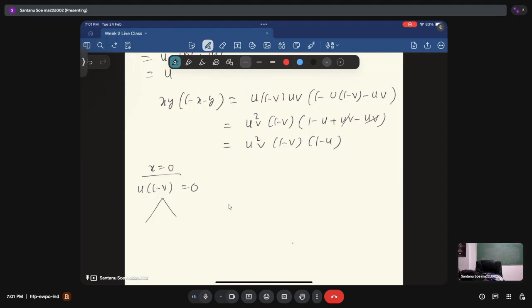So this will imply either u is 0 or p is 1. Now similarly, if you put y equals 0, this will imply uv is 0. Correct? So now we have two choices, either u is 0 or v is 0. And similarly, if x plus y is 1, then u is 1.